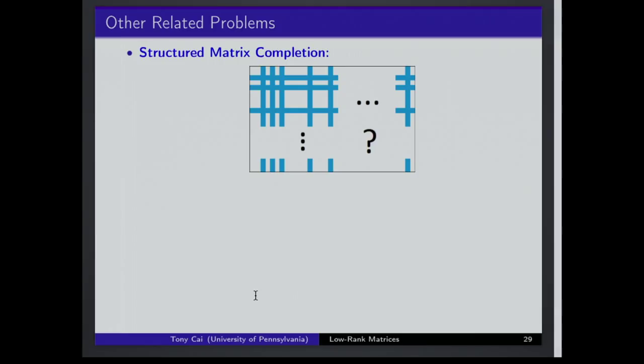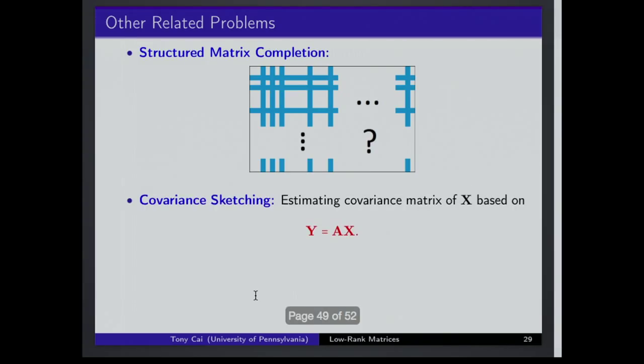One problem is the so-called structured matrix completion. You have a low rank matrix, and every time, instead of observing random entries, you observe random rows and random columns. That problem is related and also quite interesting to solve.